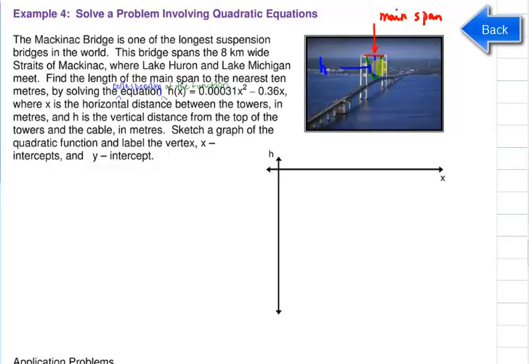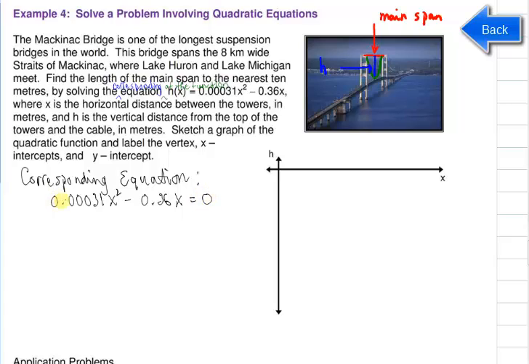And just understand, though, that when you want to determine any value for x in this function, you need to use its corresponding equation. And in this case, 0.00031 x squared minus 0.36 x equals 0. Okay, so this is the equation that we're solving, and we're going to use our graphing calculator to do that, so we need to use this function.